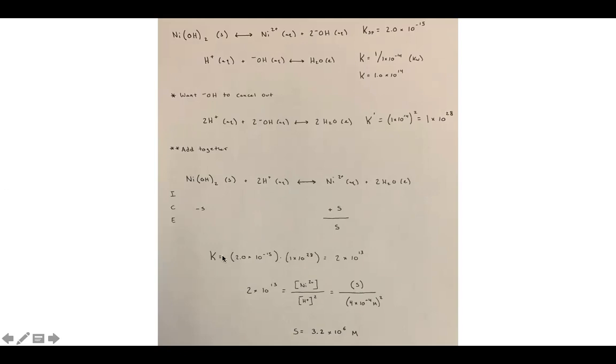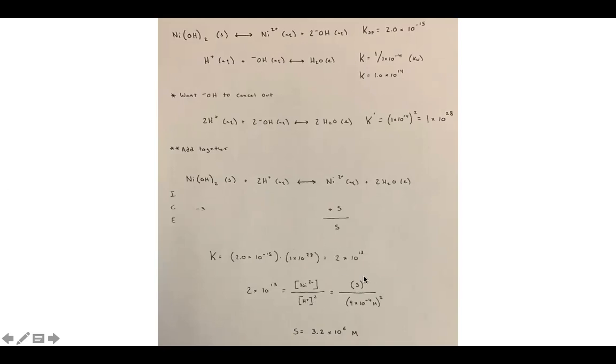Okay, but our K, our equilibrium constant that we just solved for, 2 times 10 to the 13th, has to be equal to our product, nickel 2 plus, divided by our reactant, hydrogen ions, and again, squared because of its coefficient.